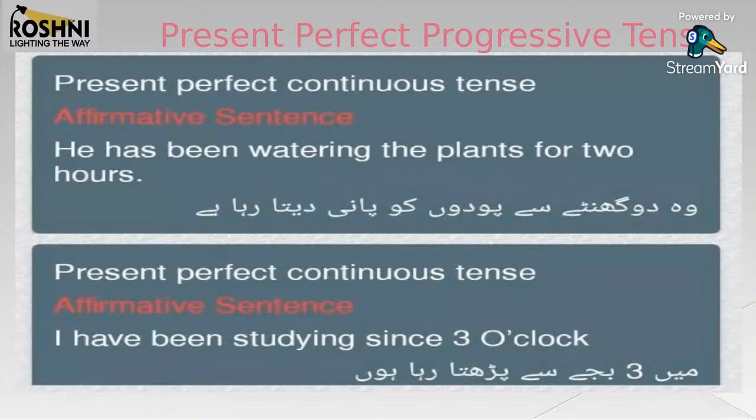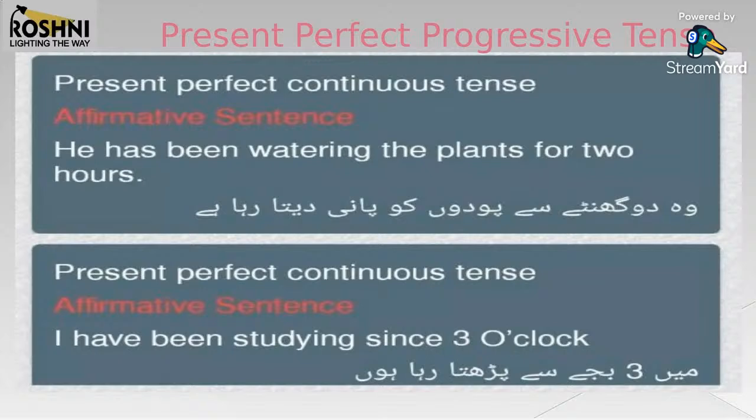Alright. The affirmative sentence that we have is: he has been monitoring the plants for 2 hours. This over here, 2 घंटे, ये बता रहे हैं हमें कि ये प्रोग्रेसिव टेंस है. बाकी सारा सब कुछ वैसा ही है जैसे हमारा प्रेजेंट प्रोग्रेसिव टेंस में था.